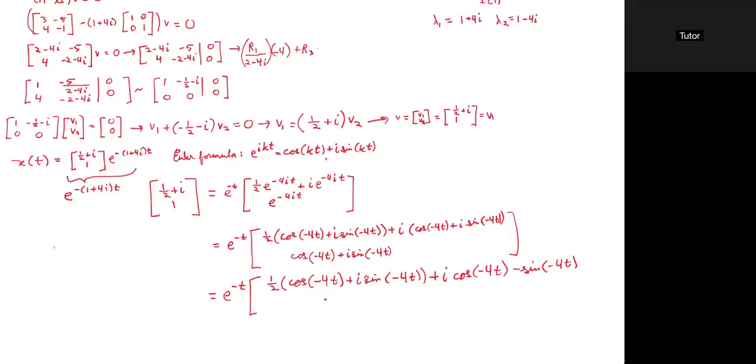And on the bottom we have cosine negative 4t plus I sine negative 4t. Now the last step is to divide this into our imaginary and real parts.